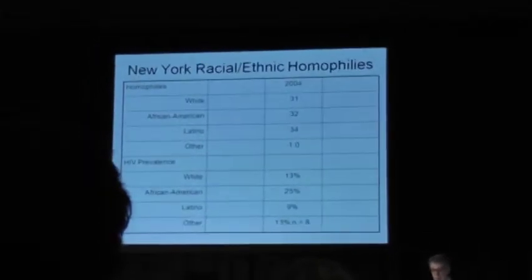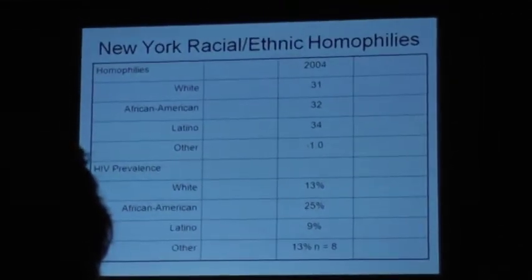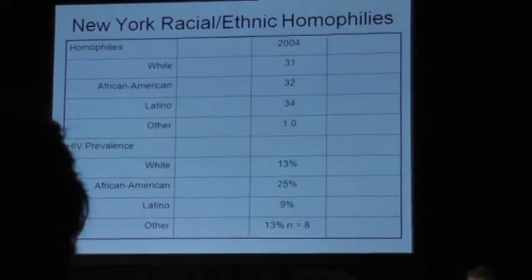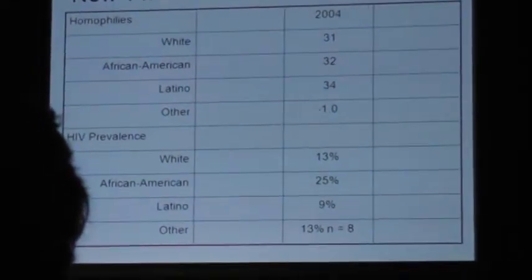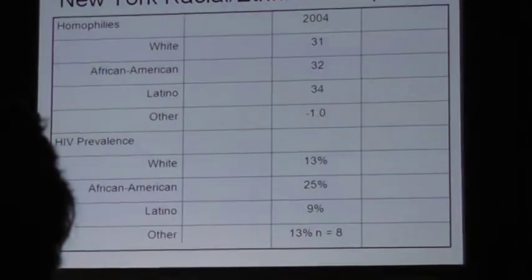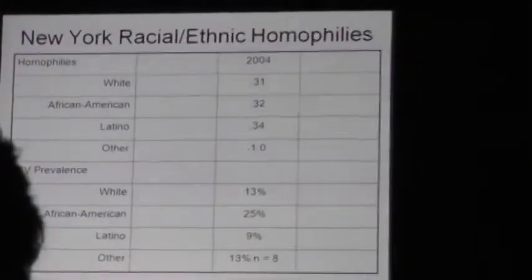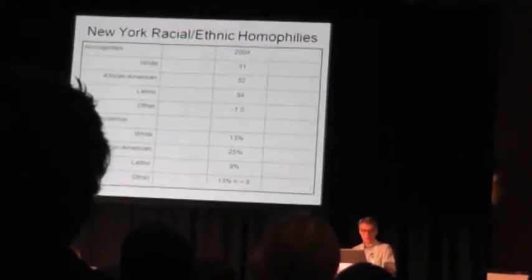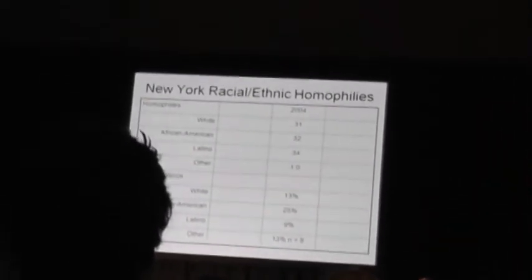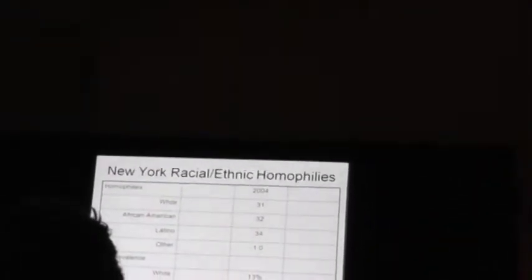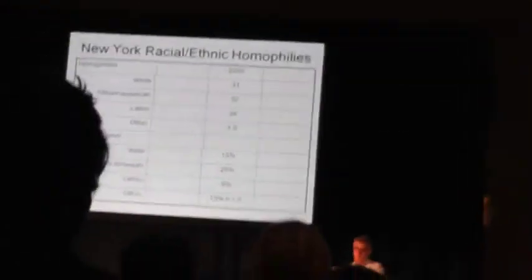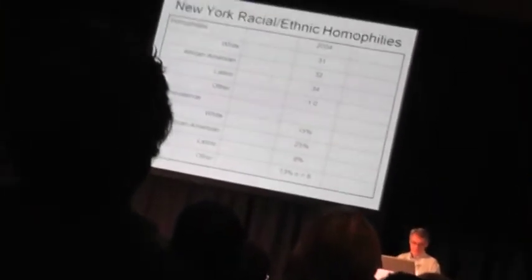When we looked at racial ethnic homophilies in New York, we saw relatively high positive homophilies: 0.31 for whites, 0.32 for African Americans, 0.34 for Latinos. The other group was very small, and had a homophily of -1.0, indicating that these others did not recruit within their group.